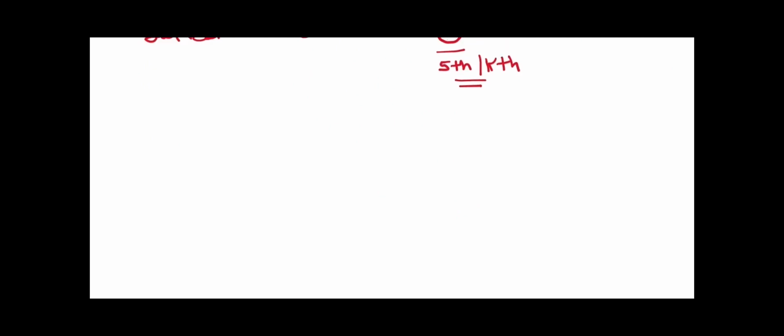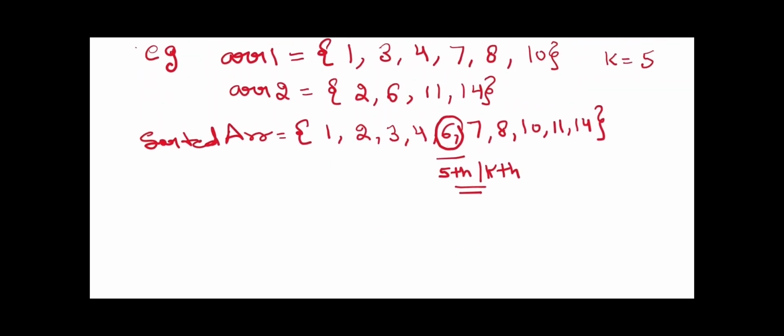As we are given two arrays, array 1 and array 2, the first solution that comes to mind is to create another array and then find the kth element. We can take another array like this and insert all the elements of the first array in it, then all the elements of array 2.